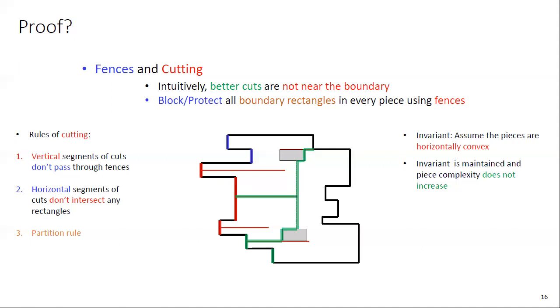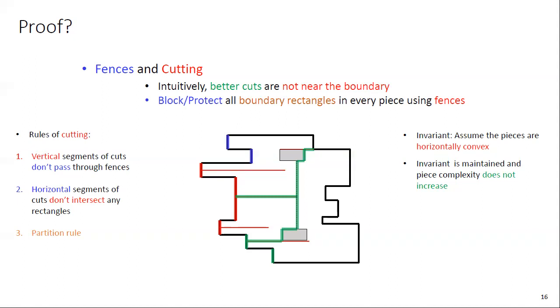Maybe we will hit a rectangle that is protected by a fence on the left, then we can circumvent this rectangle and join the boundary again. And this will form a cut into three pieces, this one, this one, and this one, okay?